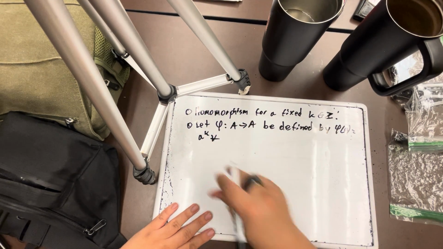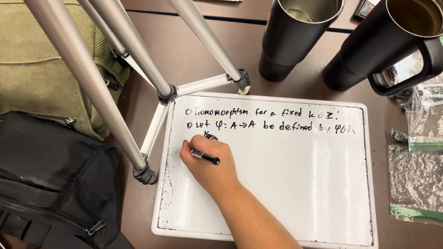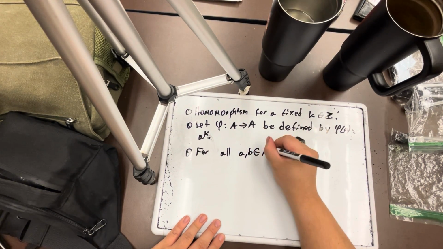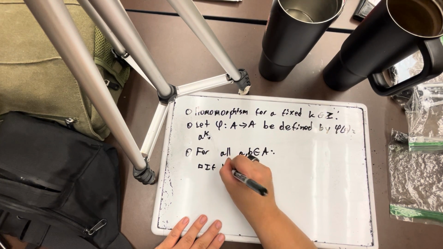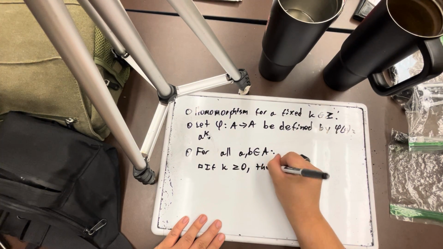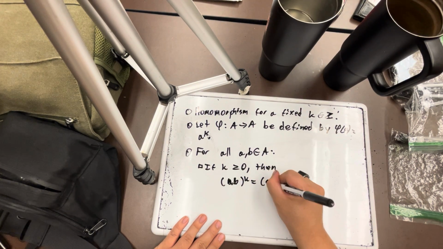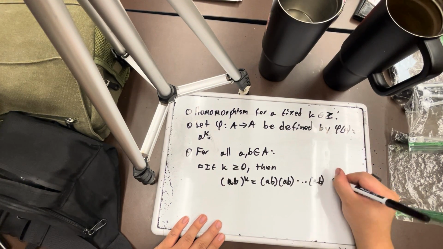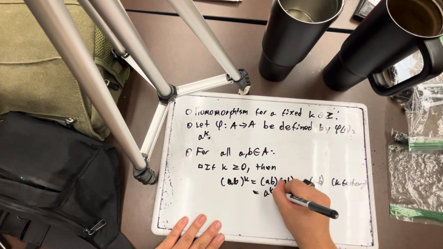For all a and b within A, if k is greater than 0, then (ab) to the k is equal to (ab)(ab) all the way up to (ab), with k factors. That is equal to a to the k times b to the k.